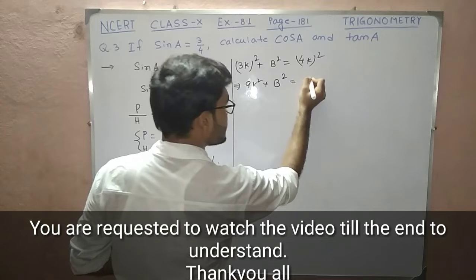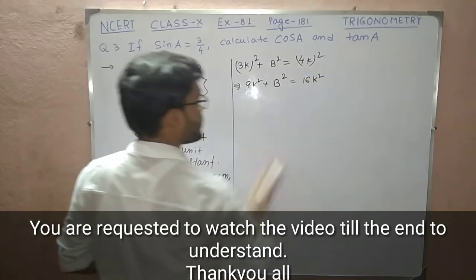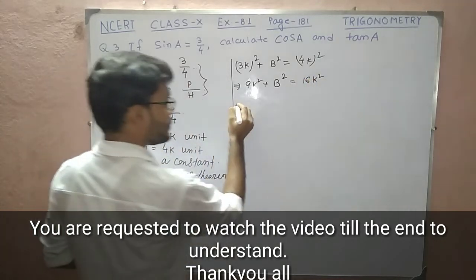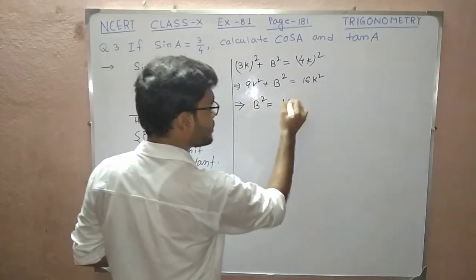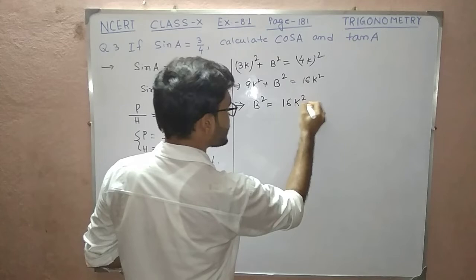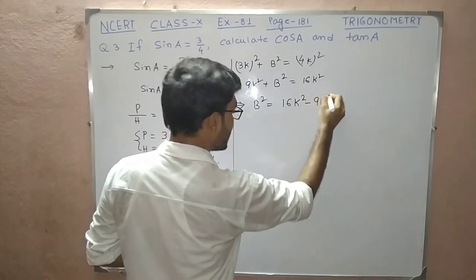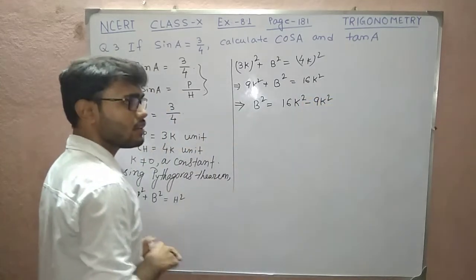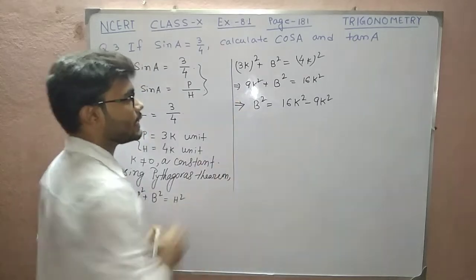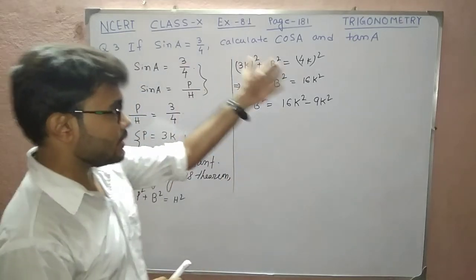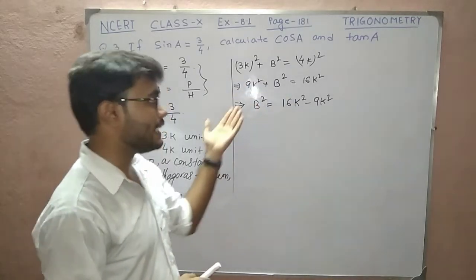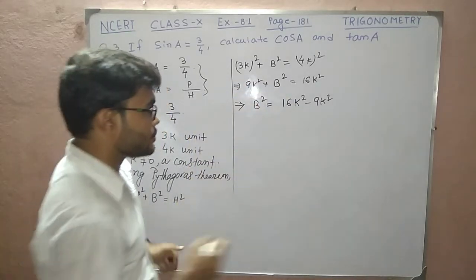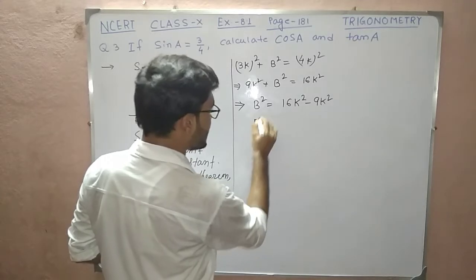You need the value of b, so b square equals 16k square minus 9k square, because 9k square was on the LHS and it is going towards the RHS, so it would be subtracted because it was added on the LHS. If you subtract 9 from 16, you will get 7, and k square stays with it.